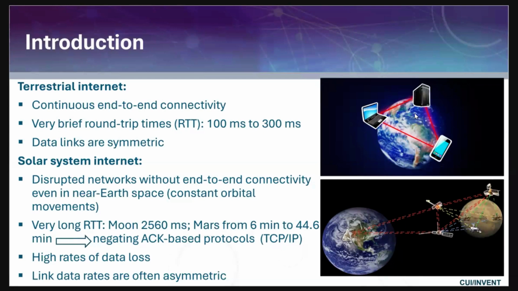The extreme distances involved cause long round-trip times that could reach up to 44 minutes in the case of Mars, negating ACK-based protocols like TCP/IP. Space networks are also characterized by high rates of data loss and asymmetric links.